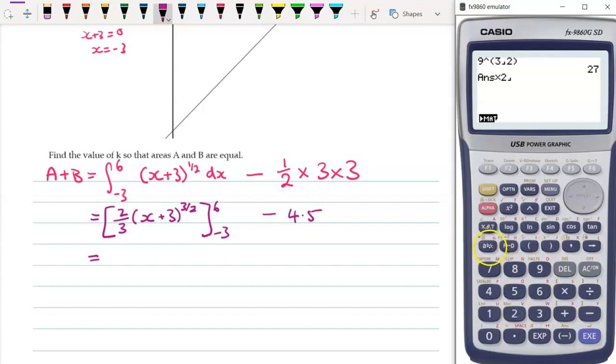And then times that by 2/3. So we have 18. We're going to take away what happens if we do the minus 3. Minus 3 plus 3 is going to be a 0. So we don't have anything coming out for the 3, and we'll just take off 4.5.